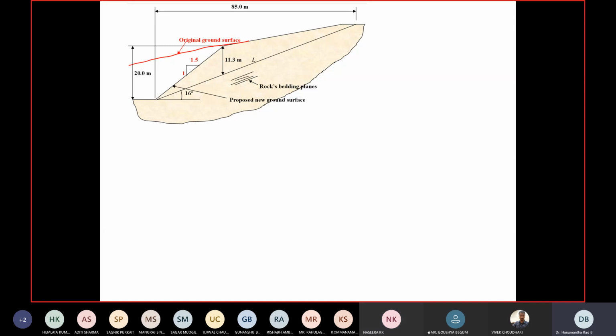So how do you determine the total shear strength? The total shear strength is nothing but cohesion per unit length multiplied by the total length of the failure plane. Because this is the total shear strength developing all throughout the length of the failure plane. So that's why we have taken C multiplied by L.